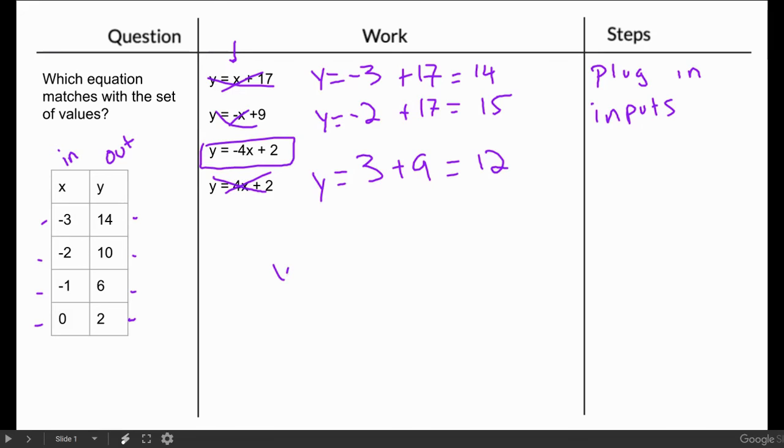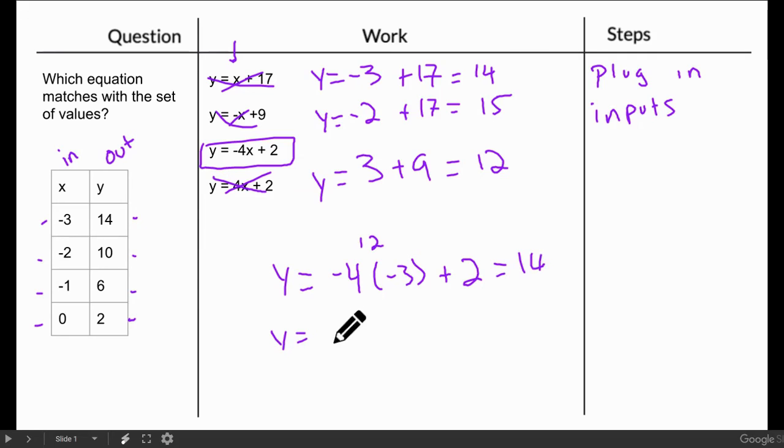But what we should see is that if we plug any of the x values into this equation, it would give us our output y values. With the first one, -4 times -3 is 12. 12 plus 2 is equal to 14, which matches up.